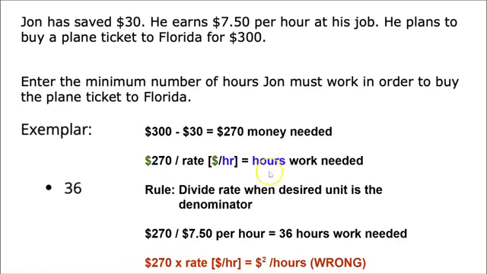That ends up not giving you hours worked. It gives you dollars squared divided by hours, which is wrong. So let's make sure that we pay attention to what the units are and what is the desired unit that we're trying to have as far as the output of the solution.